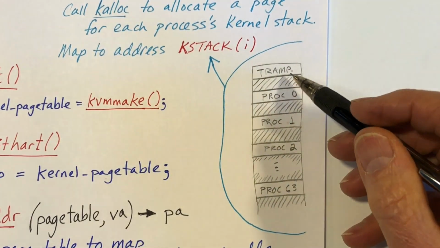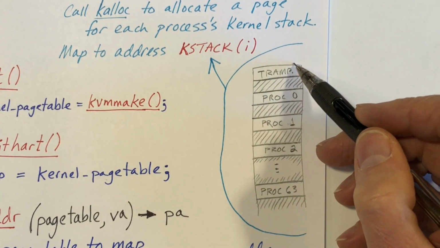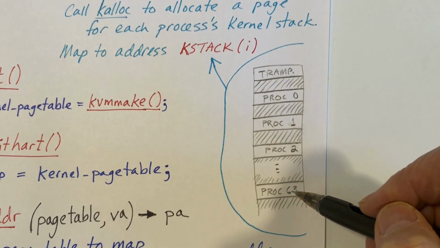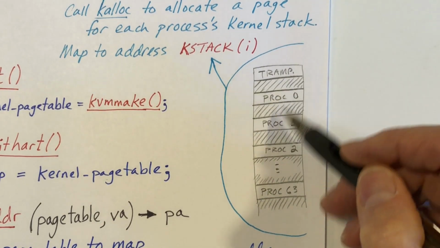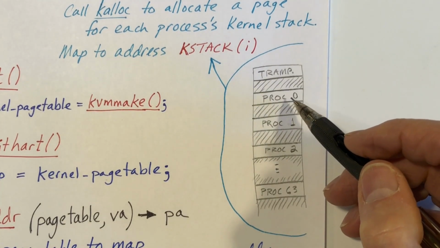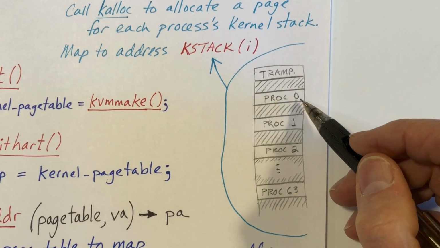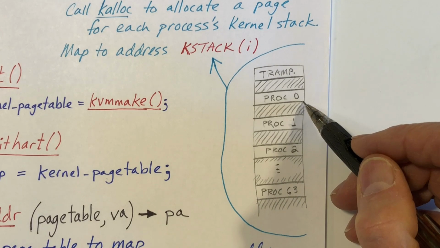Here's a picture of the virtual address space for the kernel. Up at the top, we see the trampoline page. We also see one page for each process, and these pages are mapped into some physical pages that are obtained from kalloc. Each process will need a page for its stack to be used when that process is executing in kernel mode.